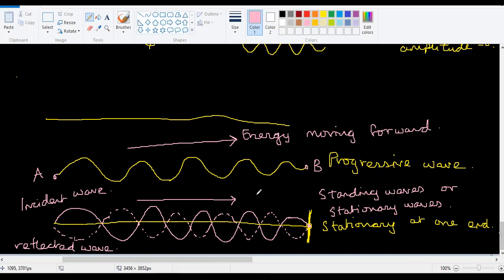However, here energy is moving forward, but then after reflection it is coming back. Since the energy is coming back, we say that there is no energy transfer. Even though within this small region the energy is going and then coming back, it's not moving forward. So take it down, very important. In stationary waves, energy is not transferred.